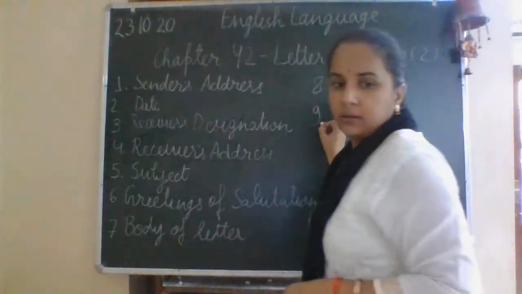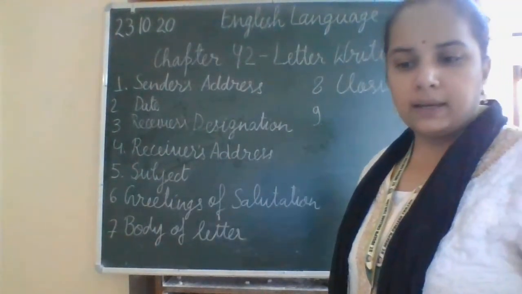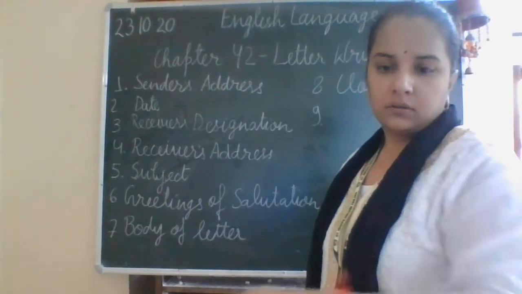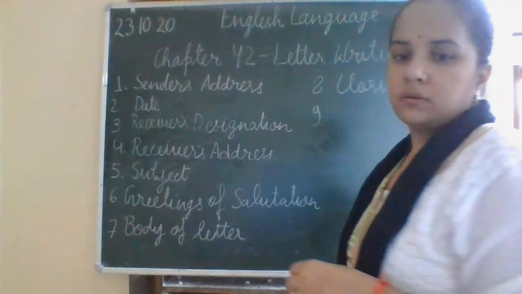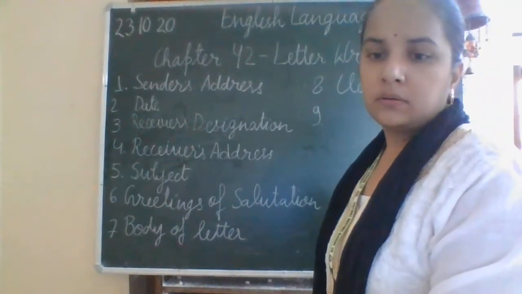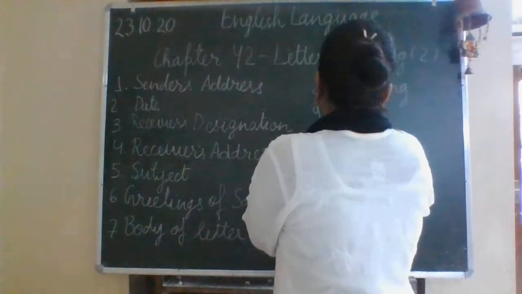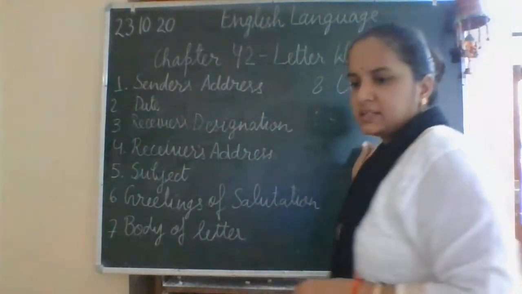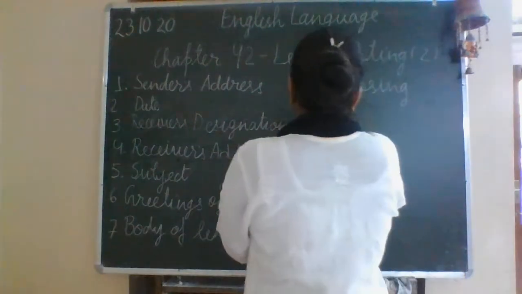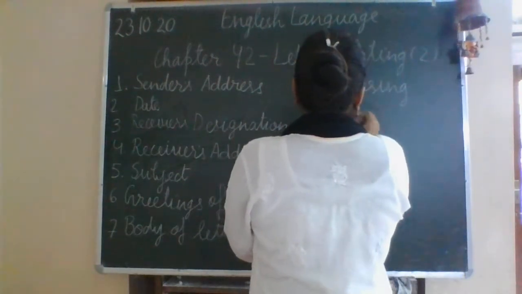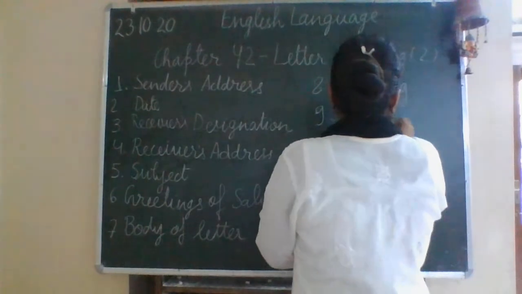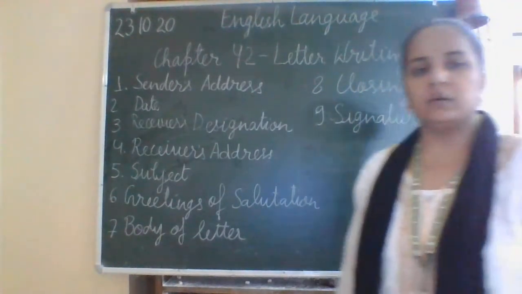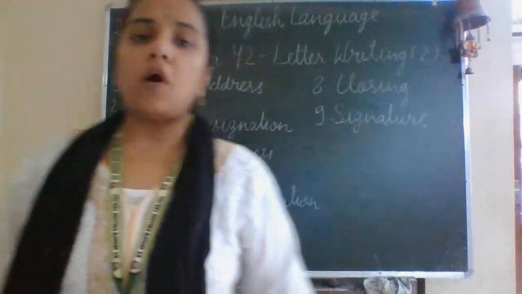Then after the closing of the letter, we will write the ending, or we can include that in the closing itself. Then you will put the signature. So this is the way we write a formal letter.